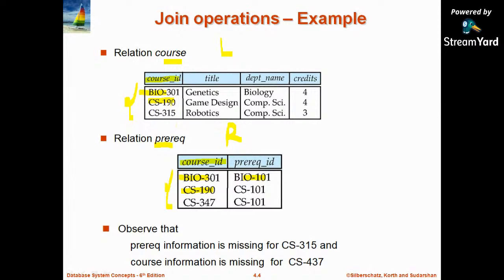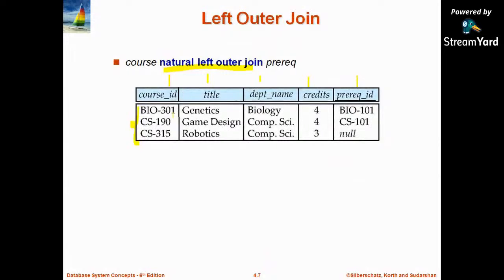Prerequisite of CS 190 is CS 101. The prerequisite of 315 is not present, so you will be writing null.